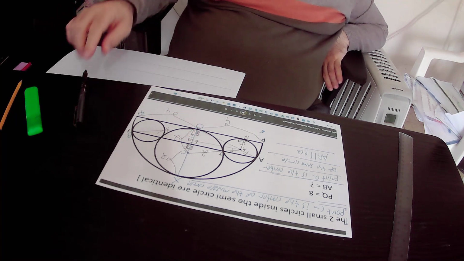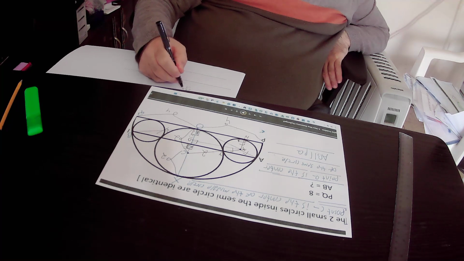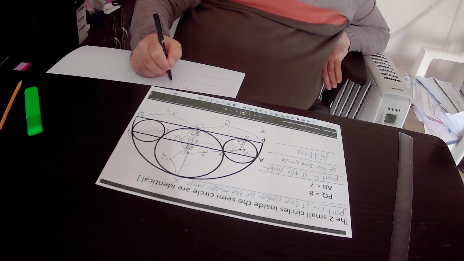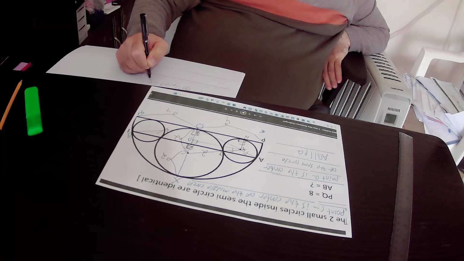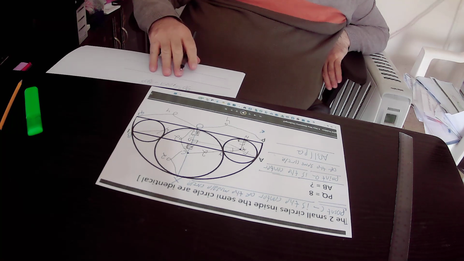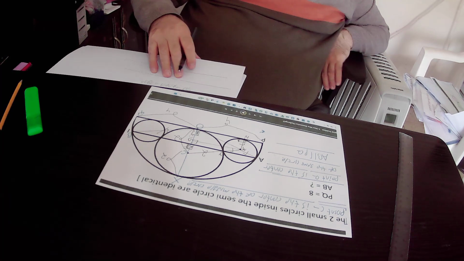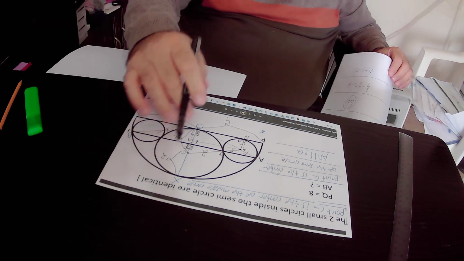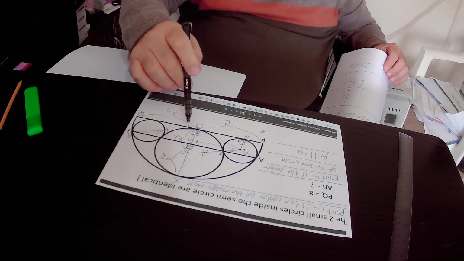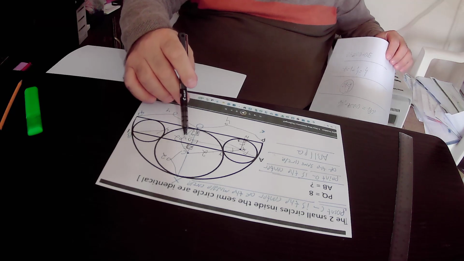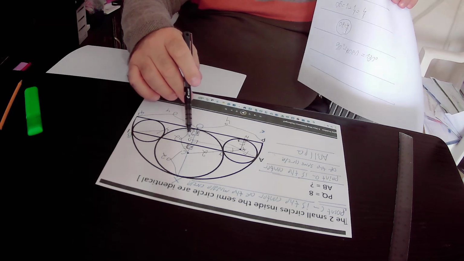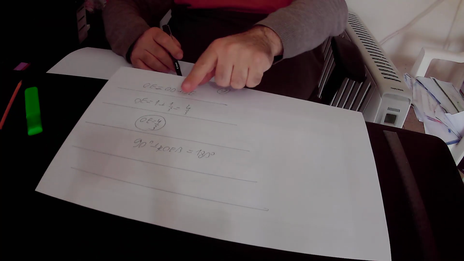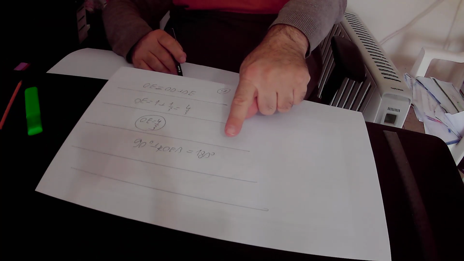So we have the formula that 90 degrees plus angle OEB must be equal to 180 degrees, according to the rule that the sum of the angles on one side of a straight line equals 180 degrees.